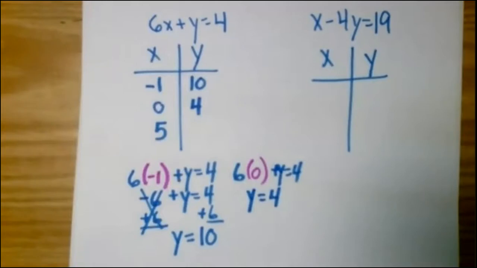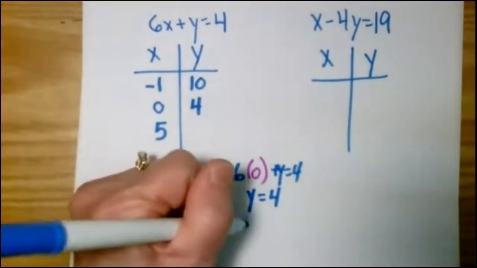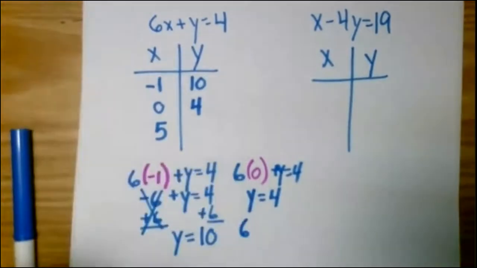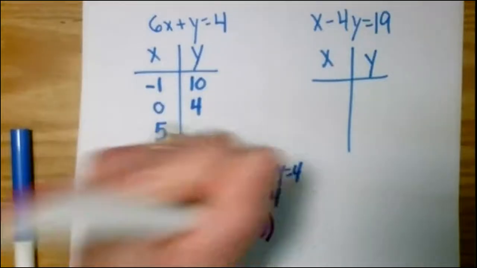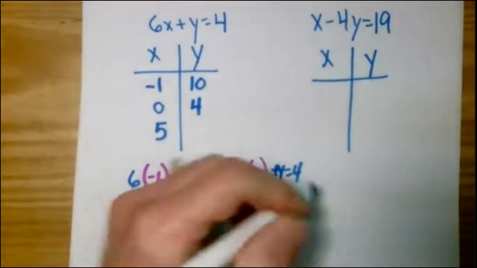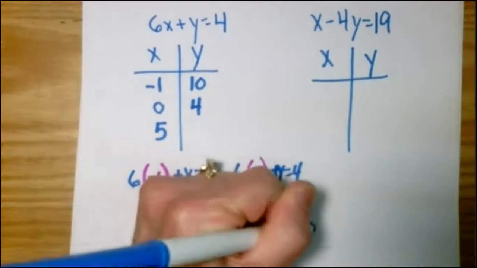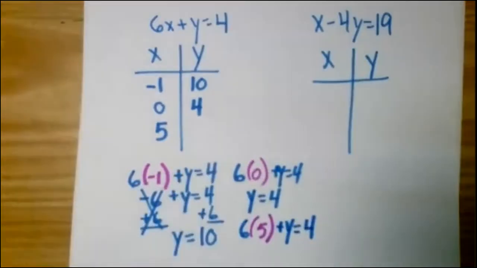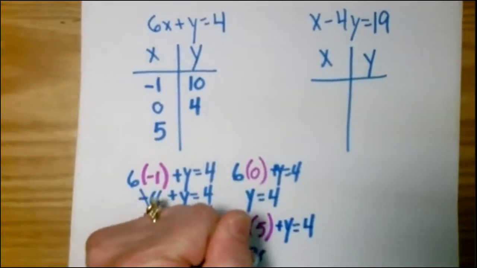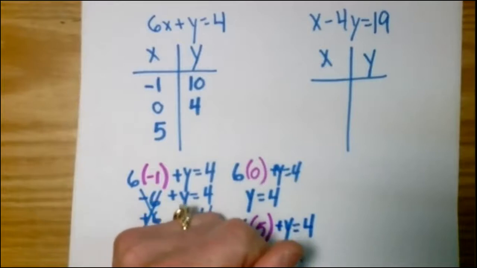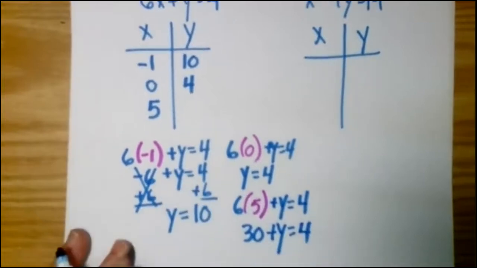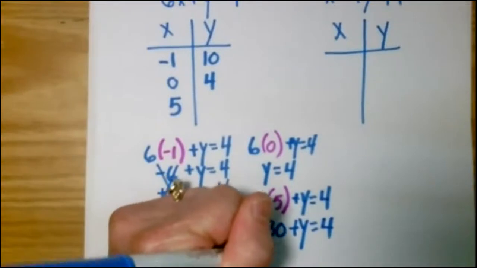And then the last one I did is 5, so it's going to be 6 times 5 plus y equals 4. 5 times 6 is 30, plus y equals 4. I'm going to subtract 30 from both sides.